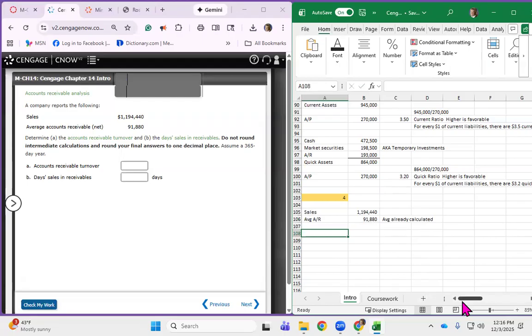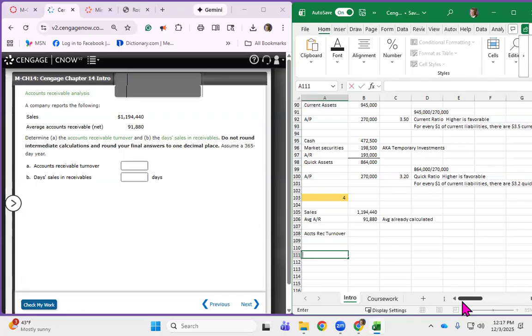So I'm going to put accounts receivable turnover. All right. And I'm not going to put the formula down. We're just going to go up and get it. The other one is called days sales in receivables. These two are related to each other.